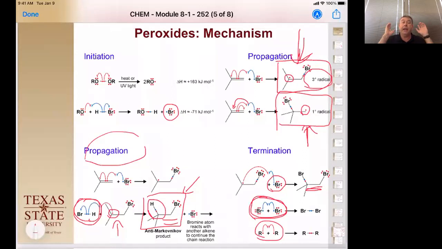We changed from a carbocation mechanism that gives us the Markovnikov product to a radical mechanism that gives us our anti-Markovnikov product. But they both rely on the idea that the tertiary radical is more stable or that the carbocation is more stable. But in the case of the carbocation, we're adding the hydrogen first. In the case of the radical, we're adding the bromine first. And so it switches the regiochemistry.